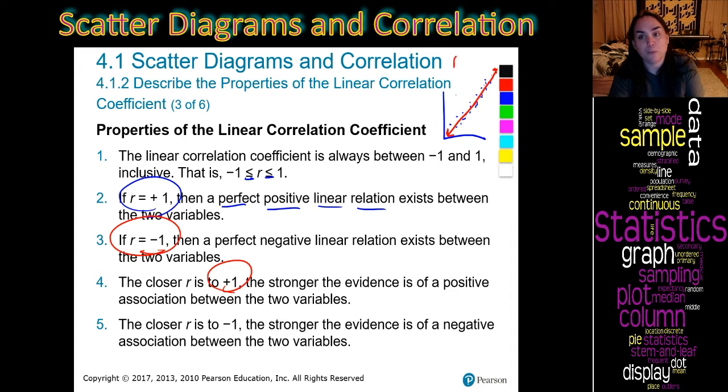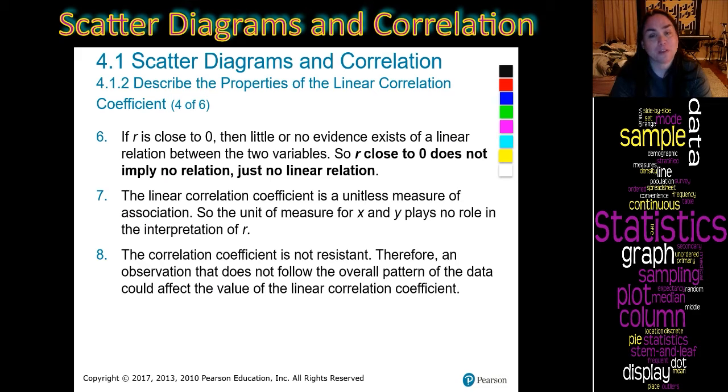That r value might be 0.998, something like that. Same thing if it goes downhill. The closer the points are together, the stronger the evidence is for that negative association, and the closer the r value will be to -1. So maybe -0.972 or something like that.